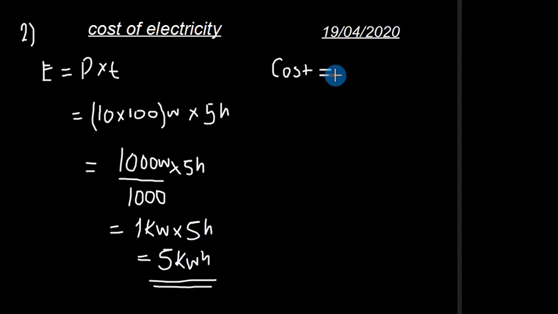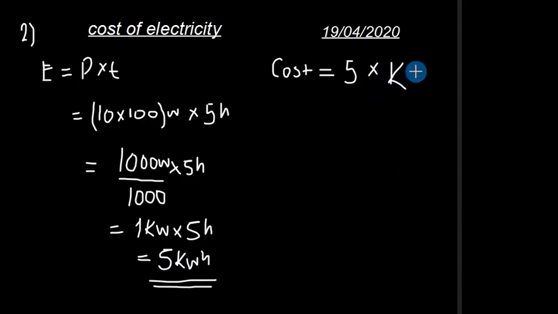As long as it's 5 hours, the total cost will be equal to the number of units used. In this case, we know we have used 5 units. Then we multiply it by the cost, which is 2 kwacha per unit. Please always put K in front, and it must be a capital K if you are dealing with kwacha.